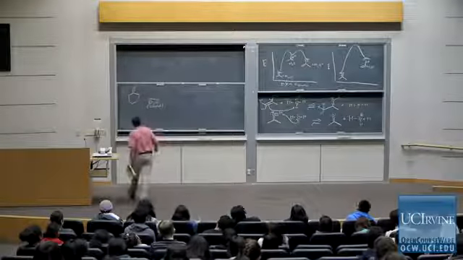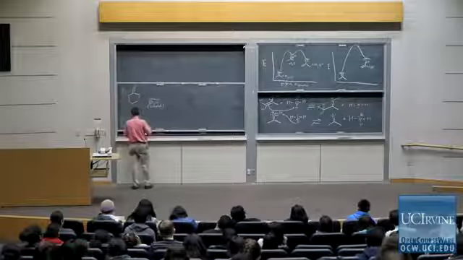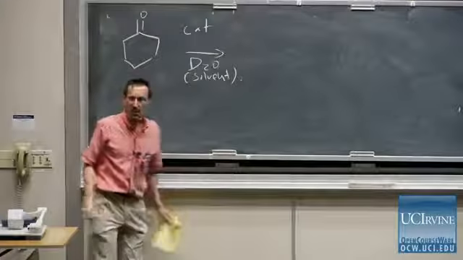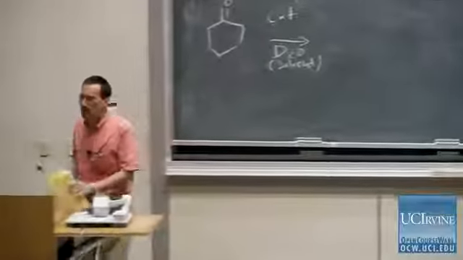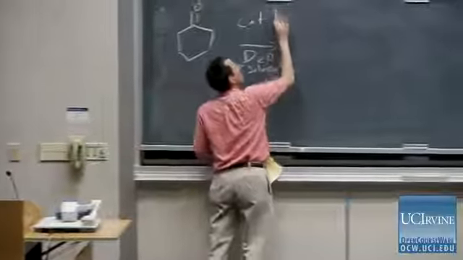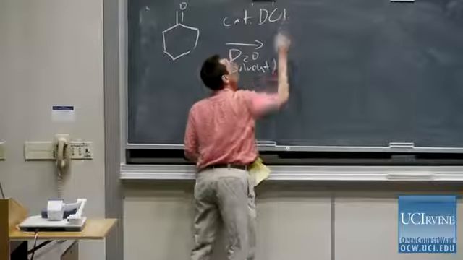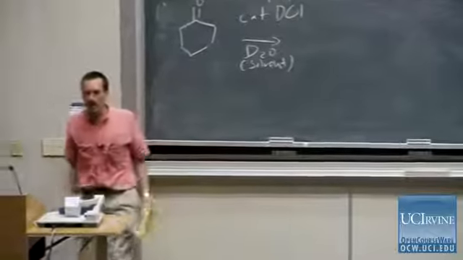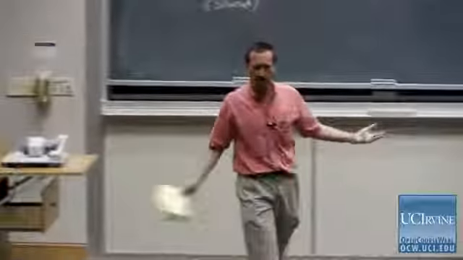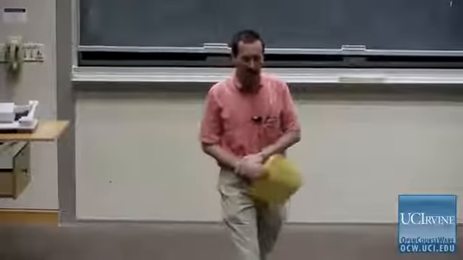If we treat our cyclohexanone with D2O and a little bit of catalytic acid, I'm going to get away from H3O+ and D3O+ for a second to remind us one actually has to go into the laboratory and get a real compound. I've written DCl. DCl is just hydrochloric acid made with deuterium.